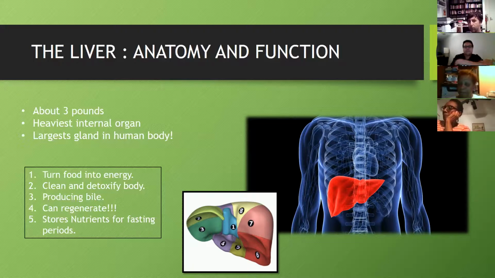So as you can see in the image, you can see how massive the liver is. As Dr. Martinez was saying, it is the largest gland in the human body, and it's basically the heaviest internal organ we have, and also the biggest. It basically covers your abdomen from right to left. Of course, it's located more in the right upper quadrant, but it's massive.